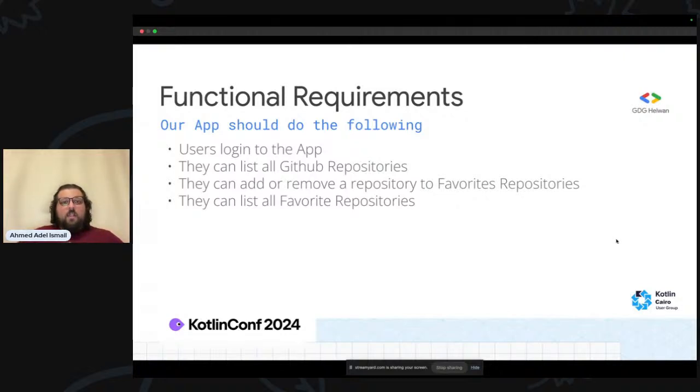It has 4 bullet points: users log into the app, and then they can list all GitHub repositories, and then they can add or remove any of these repositories to the favorite repositories, and then they can show a list of all of these favorite repositories.